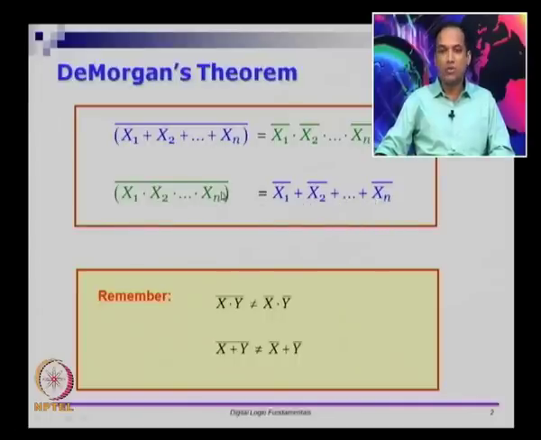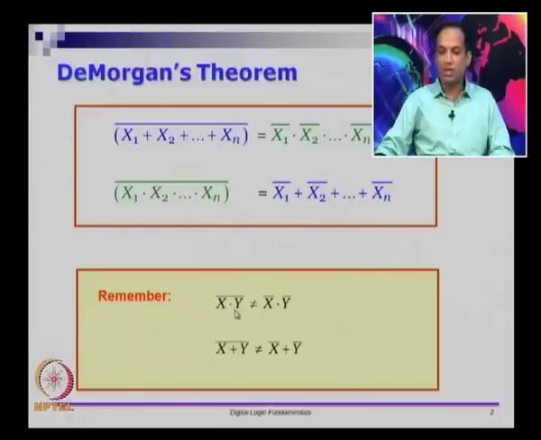Okay. So, these two you can imagine this one, for instance, if you substitute plus with union and bar with complement and with intersection, you have your set theory. In set theory you must have learned De Morgan's theorem. So, remember, you have to keep this in mind.